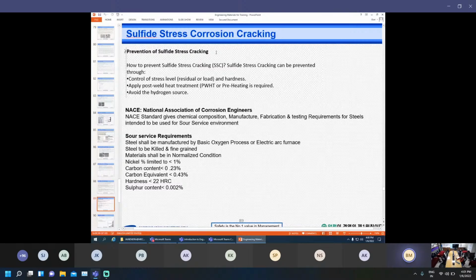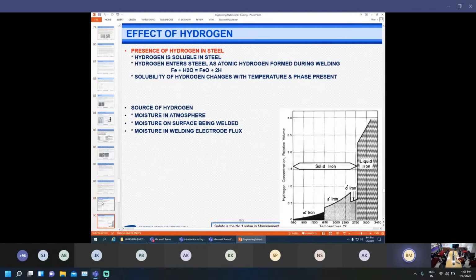I will not go through the sour service requirements. These are some industry terms. Now, the effect of hydrogen. Presence of hydrogen in the steel is sometimes a problem because it helps in propagating the corrosion. Hydrogen is always present in the atmosphere, or even in the welded surface, or even in the electrode flux.